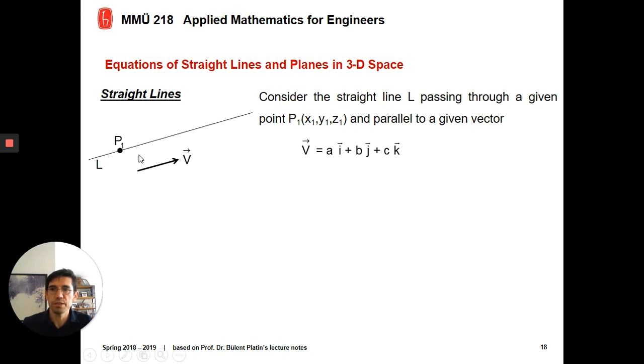I have a point, I have a vector that is parallel to my line, which is fine, and then I will try to write down the equation. So for let's say some position vector, I have origin here.